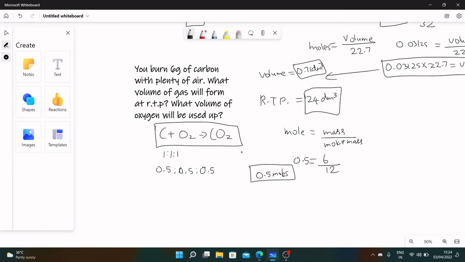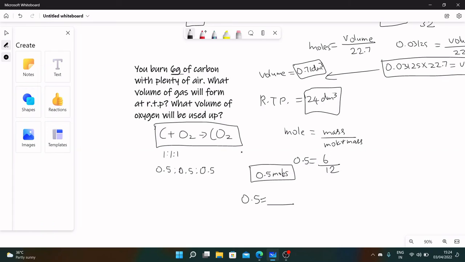To find that, all we have to do is convert these moles to volume. 0.5 moles. Over here we were taking 6 grams of carbon, so we'll just continue with carbon. What volume of carbon?